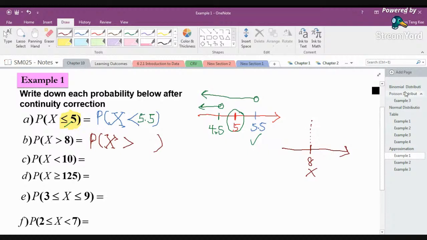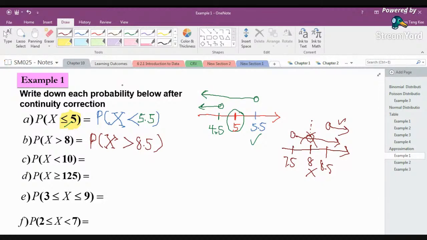If I want to draw a number line of greater, my choices are 7.5 and 8.5. If I draw for 7.5, it will go across 8, so this is not something I want. If I draw greater for 8.5, it doesn't go across 8, it doesn't include 8. So therefore, our answer is greater than 8.5. That's the idea that you can see.